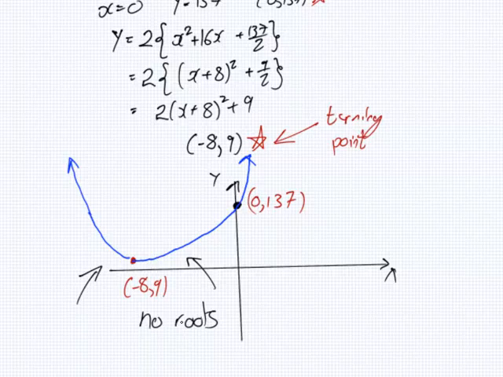What we're doing now is really just putting into use what we've learned about factorizing and completing the square to draw quadratics. This is a common question on the exam, and usually when they ask you to draw it, they also say show the roots or show the turning point as well.